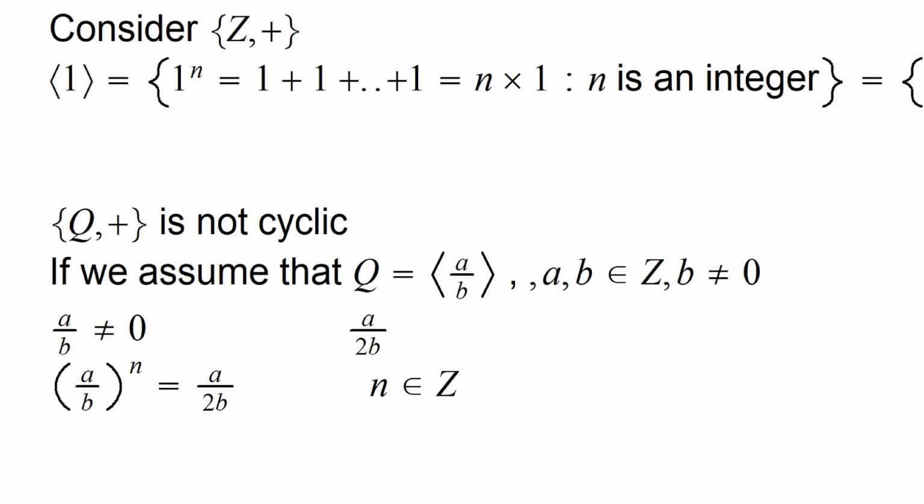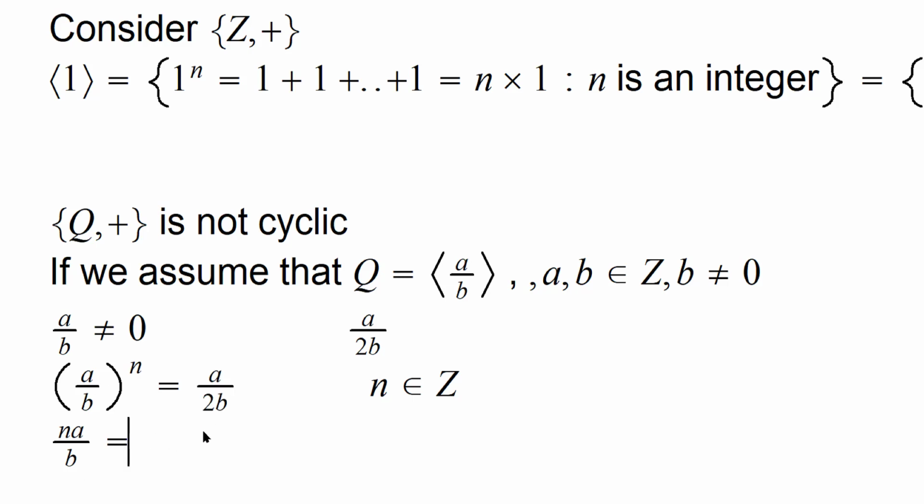Now, if you look at this, this comes from a group with respect to addition. So A over B to the power n will have to be how much? n times A over B, right? Because it's A over B added with itself n times.